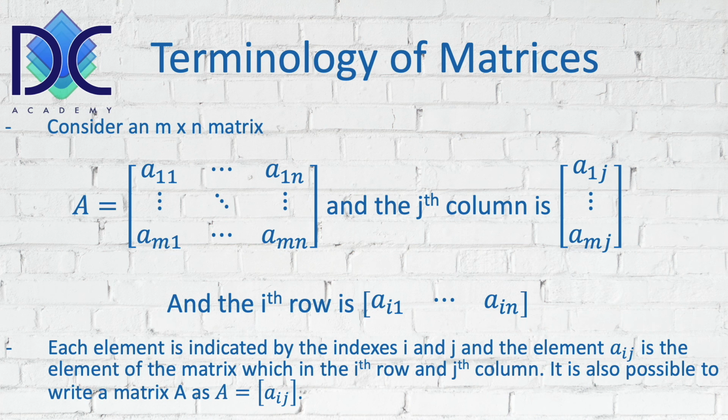And we can also write the matrix as A is the matrix composed of the elements aij. And that's in fact, let's say, a more simple description or notation of a matrix. Of course, we have to specify the number of rows and the number of columns, so we have to specify m and n.